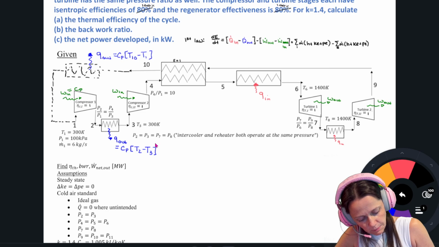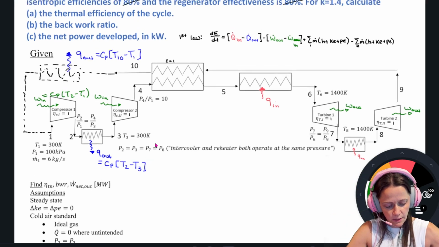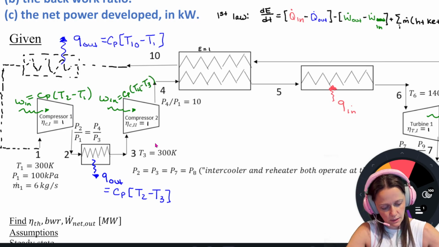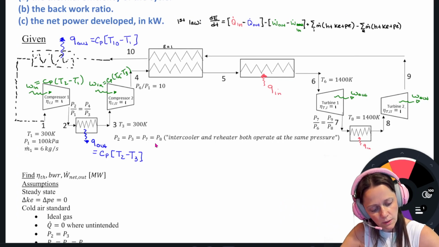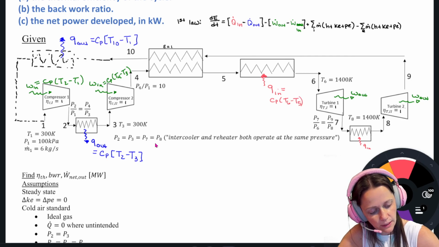This is a Cp, T2 minus T1. This work in right here, Cp, T4 minus T3. I have a Q in over here. It's going to be my Cp, T6 minus T5.